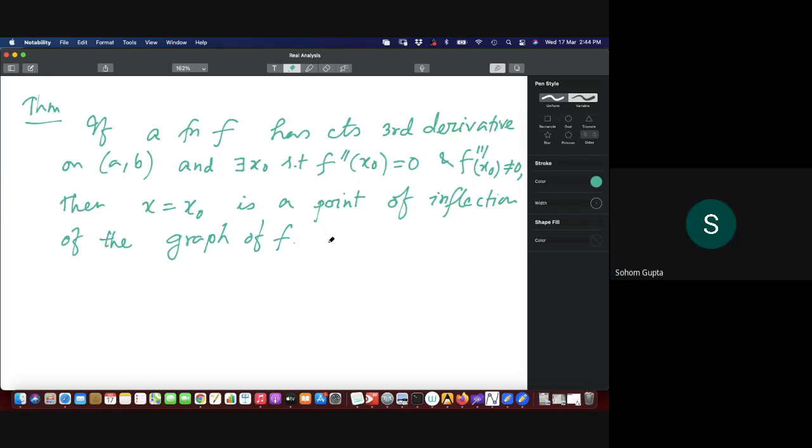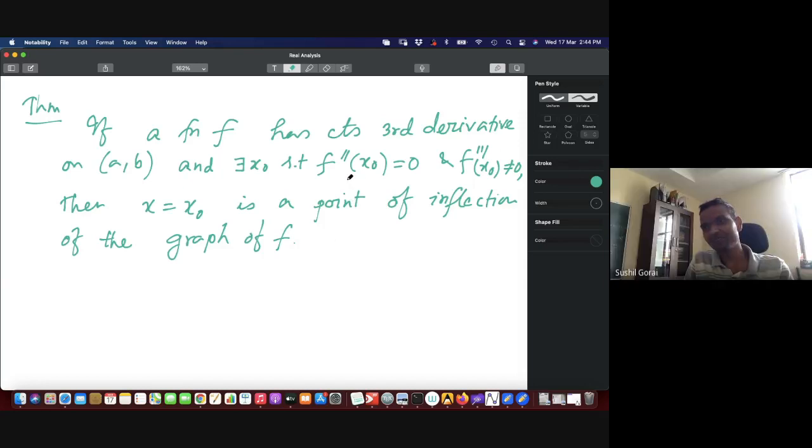Yes, the point is that f double prime x naught is equal to 0, but f triple prime x naught is not equal to 0, which means that in the neighborhood of x naught, the double derivative changes its sign. On one side it is less than 0, on the other side it is greater than 0. So the concavity and convexity of the curve are different on both sides of x naught, and therefore we call it a point of inflection. And the double derivative changes sign because the third derivative is non-zero.